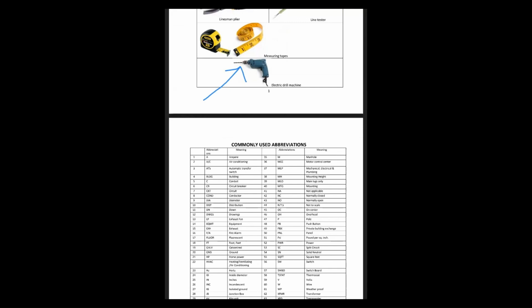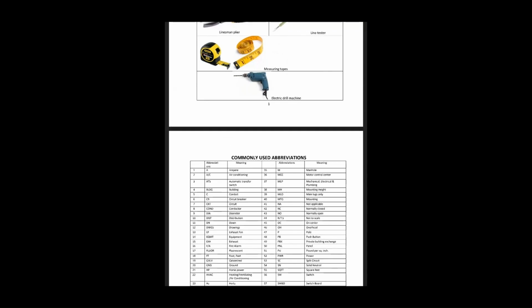Okay, next are the commonly used abbreviations, and this is not an exclusive list. But you are required to remember these abbreviations because they are helpful in drawing single line diagrams and representing things. Whenever you are doing electrical drawings, you cannot name each and every appliance by its full name.